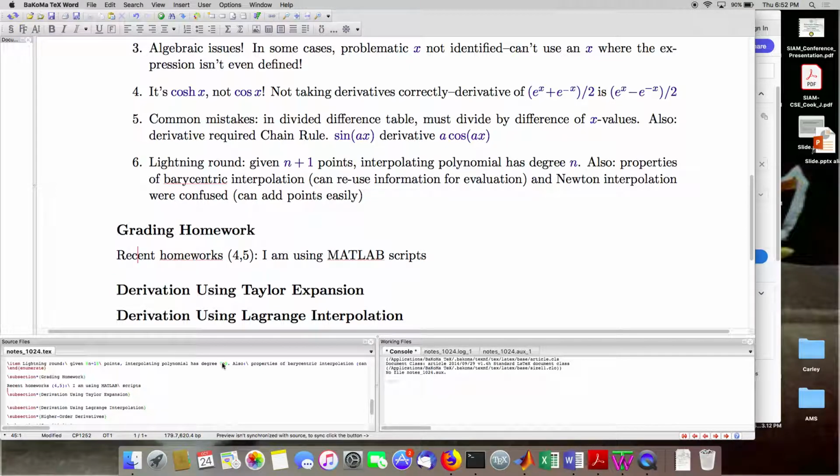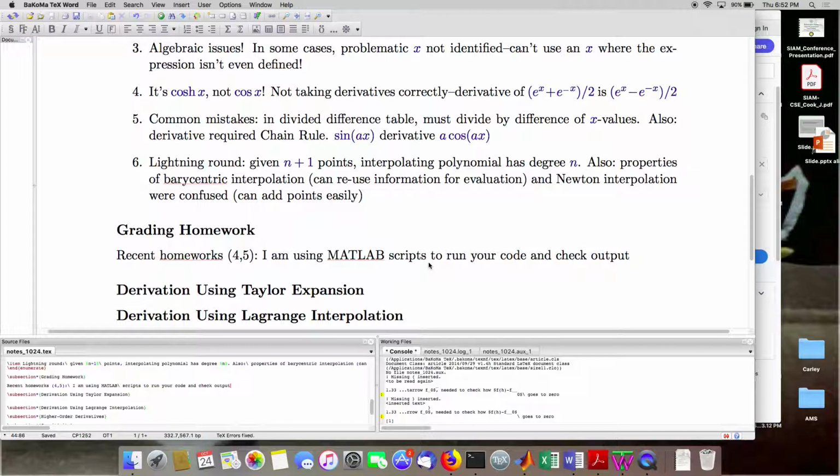What these scripts do is save time during grading, to run your code and check the output. The functions that you're assigned to write for some of these problems have to return a certain output. So I supplied input, I have on hand what the answer is supposed to be, and I check it against that.